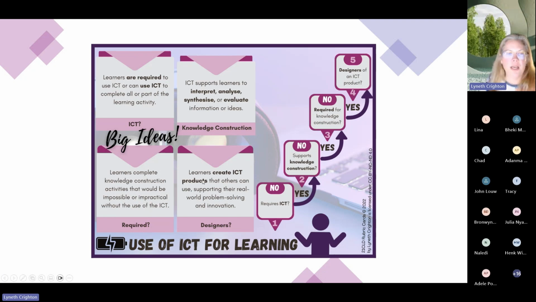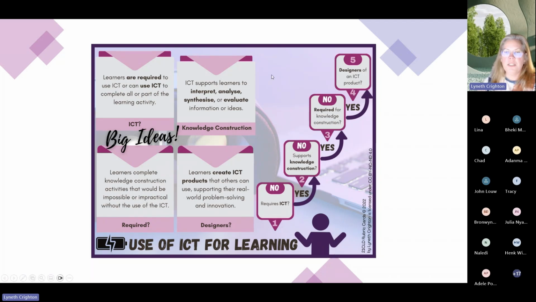Then we ask if it would be impractical or impossible without the use of ICT to construct that new knowledge. And then lastly, are they designing an ICT product that can support their real world problem solving and innovation?